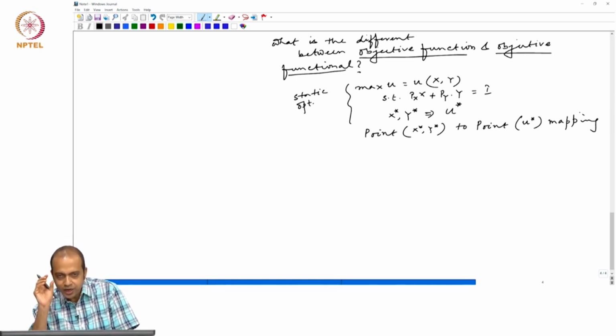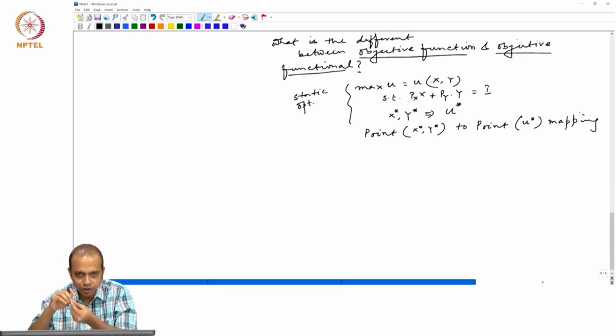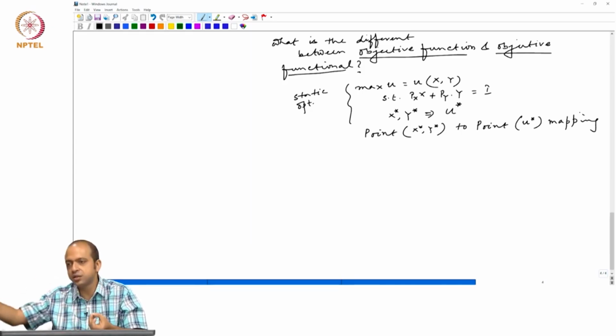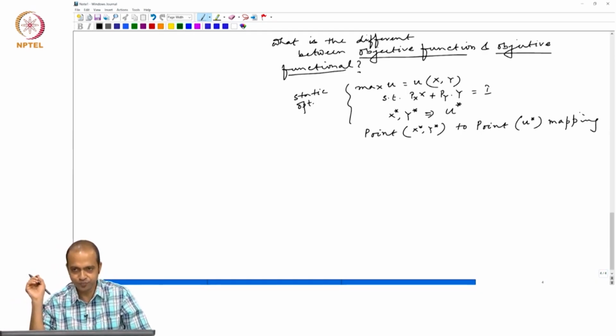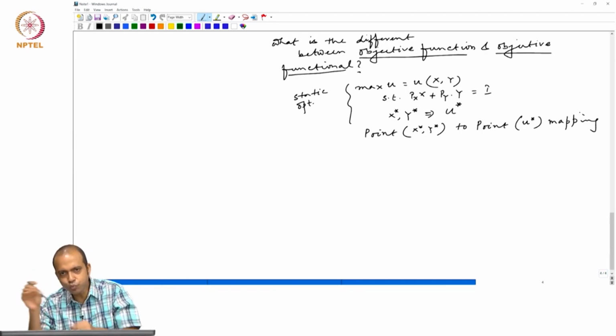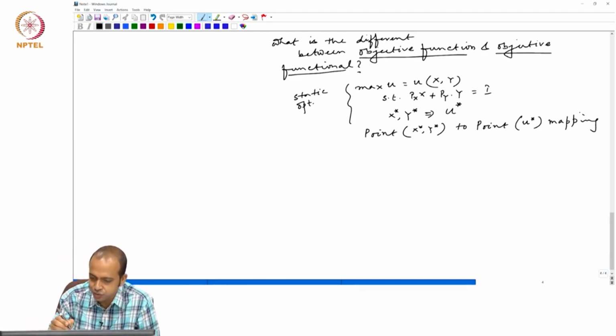Static optimization basically involves point to point mapping. So, I have purchased 10 units of x and 15 units of y. These 2 points, one particular consumption bundle, is mapping towards another particular utility. That is called point to point mapping. That is why this is called objective function. So, this maximize u is called objective function.